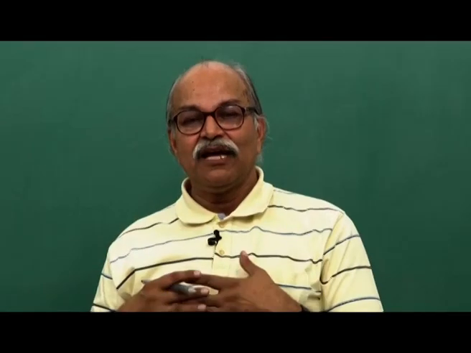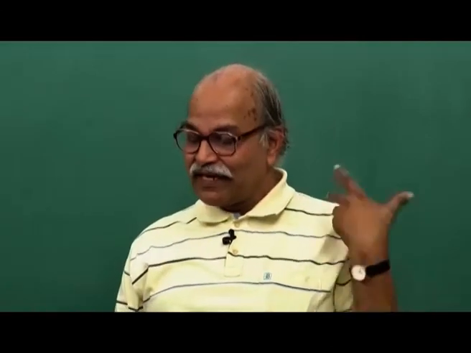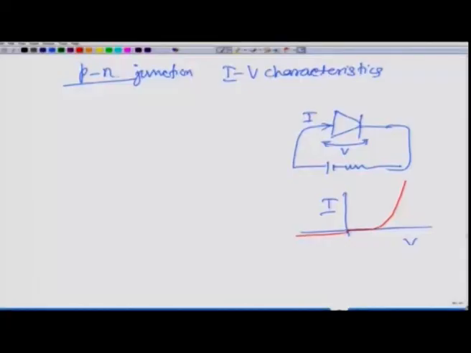Whenever you apply a voltage and a current results, you always ask what is the relation between that I and V. The IV characteristic of a resistance is very simple, it is just a straight line, ohmic resistance.